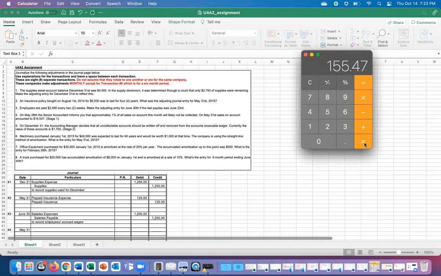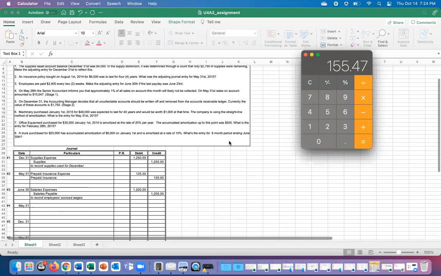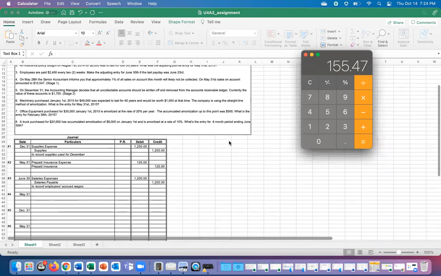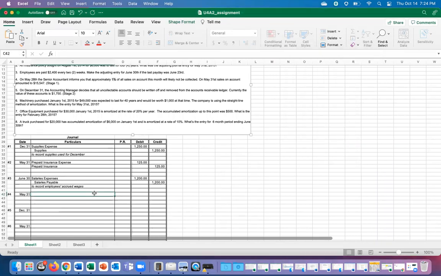So really not too bad, at least in this scenario. Obviously, you want to get all the money that's owed to you, but if you don't, 1% is probably not too bad. All right, and so now the question is, we need to put this in our journal, but how? And what accounts does it affect? So our first account, our debit account in transaction 4, is going to be our bad debt expense.